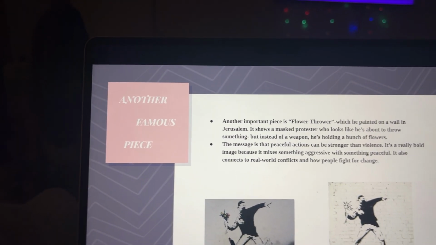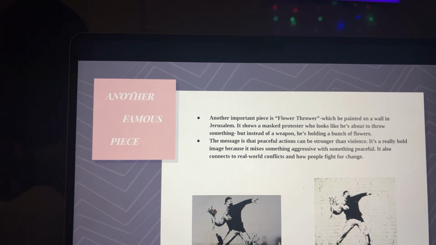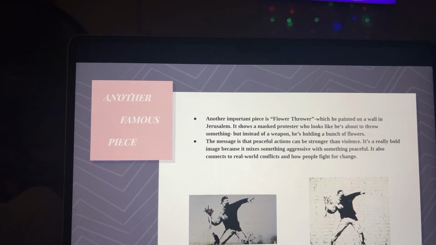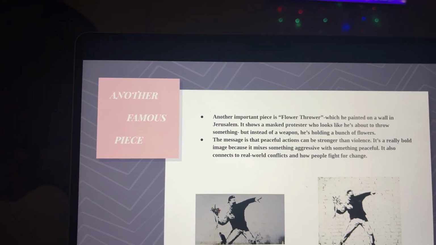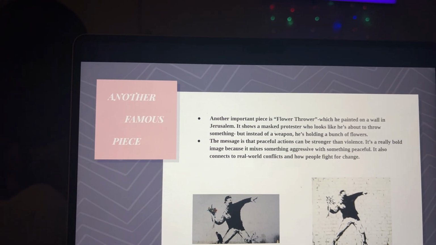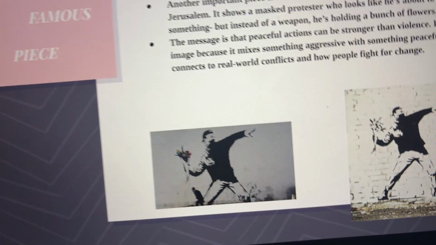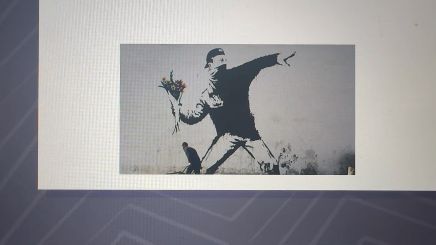The message is that peaceful actions can be stronger than violence. It's a really bold image because it mixes something aggressive with something peaceful. It also connects to a real-world conflict and how people fight for change. This is amazing.